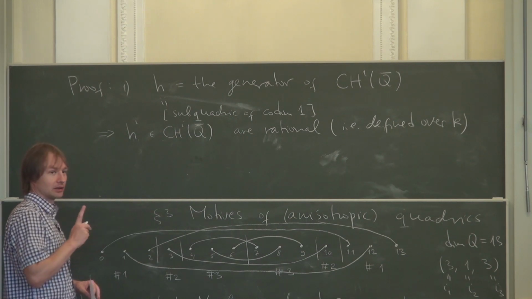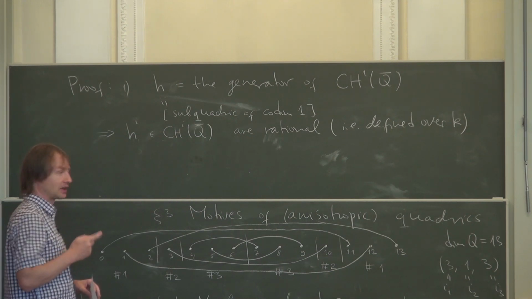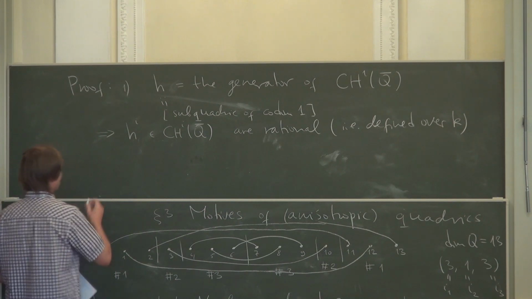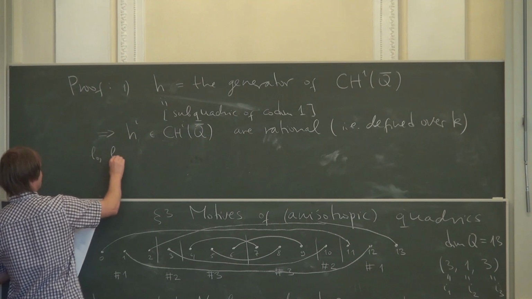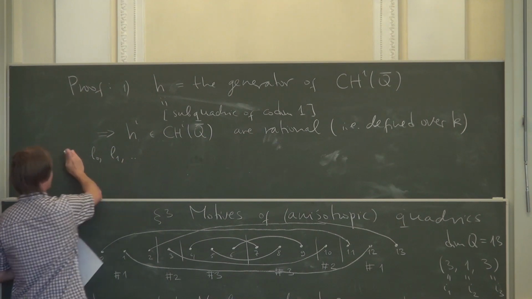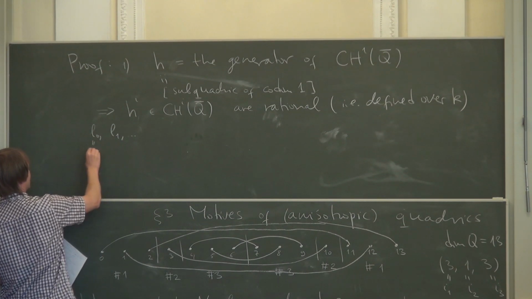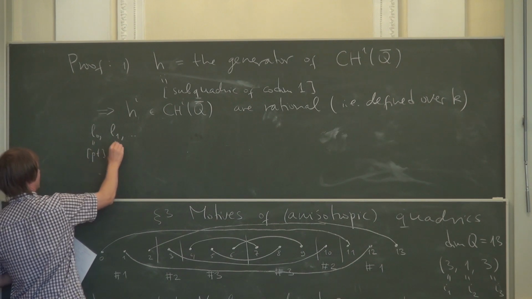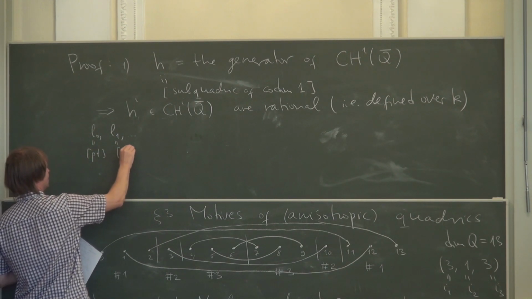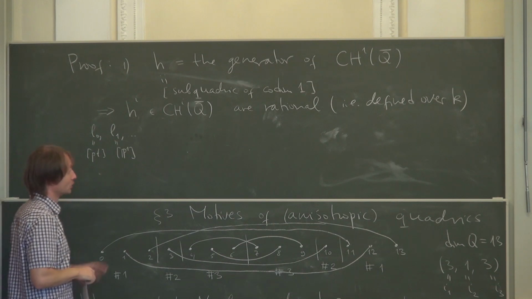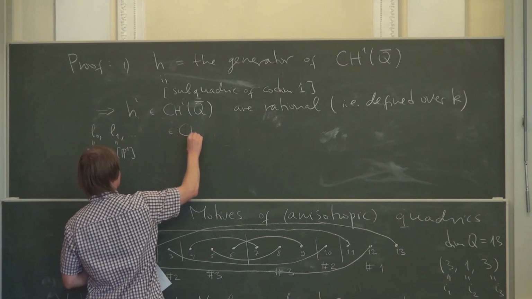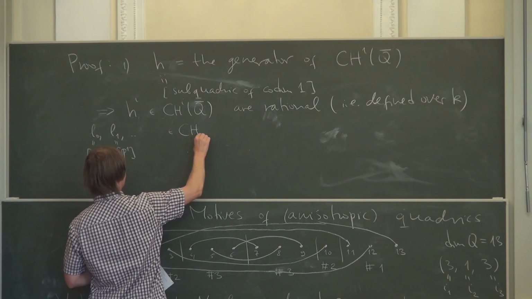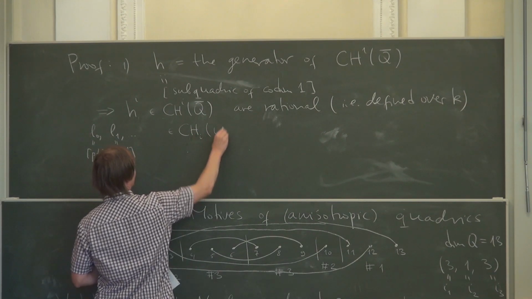So then there are classes of linear subspaces inside of Q bar. So there are L0, L1, and so on. So these are the class of a point, class of P1, and so on, up to the middle dimension. So these are also elements in the Chow group of Q bar.